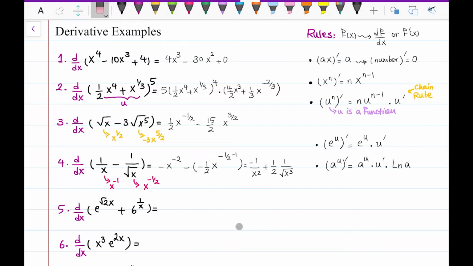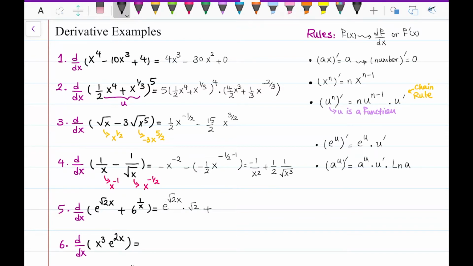Okay, so now let's go in here. We have e to the power of root 2 times x. So derivative of that would be e to the power of root 2 times x times derivative of the function, which is inside. Derivative of this part would be the number, times x, derivative would be just the number.